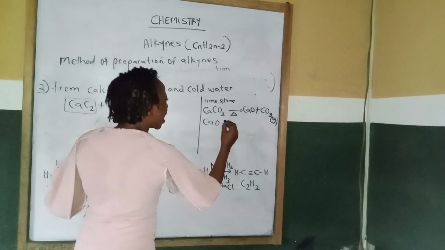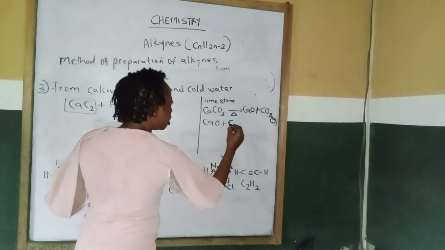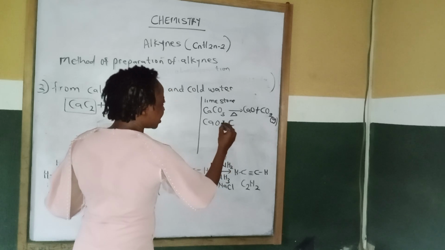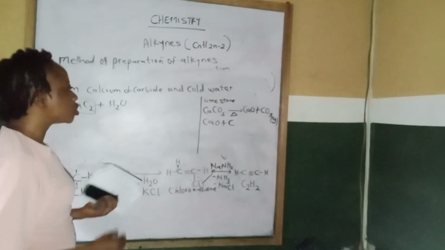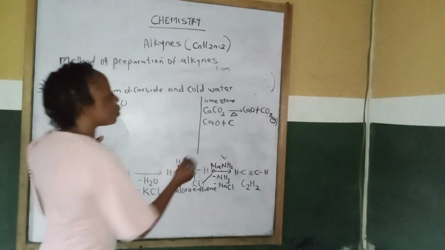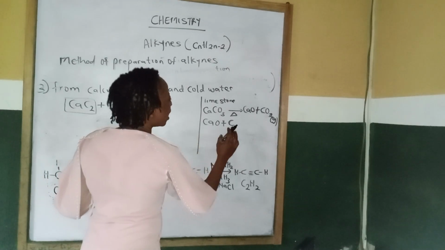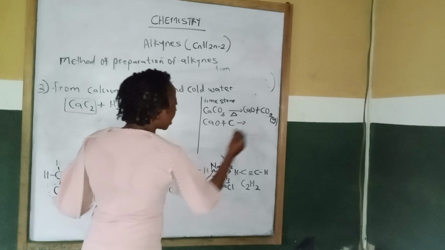So when calcium oxide reacts with coke, carbon is coke. Coke is an amorphous form of carbon. So the reaction between calcium oxide and coke will give us calcium dicarbide.